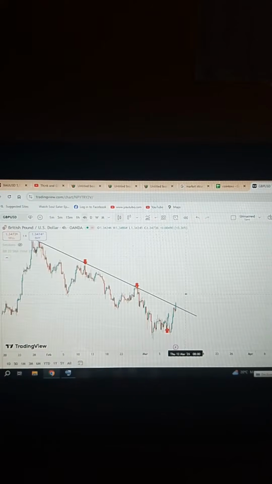If this market is going to go down like this, on the Bollinger Band, it's going to cross below the Bollinger Band. So this movement is going to be a very good sell. That's why I was telling you, Bollinger Band gives you a confirmation.